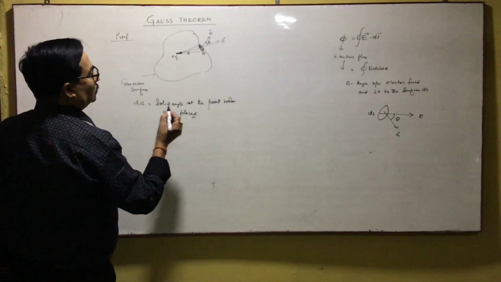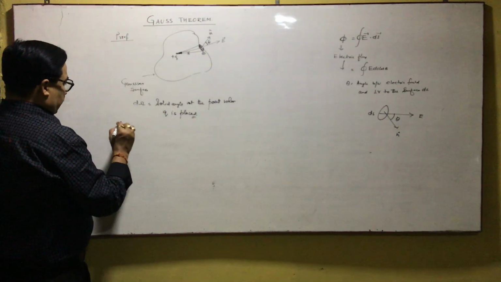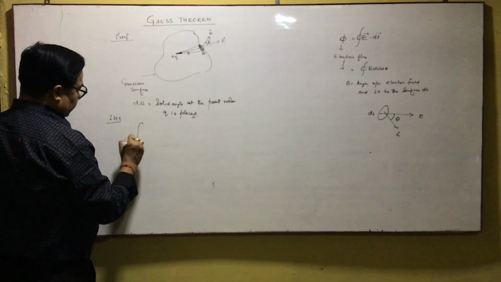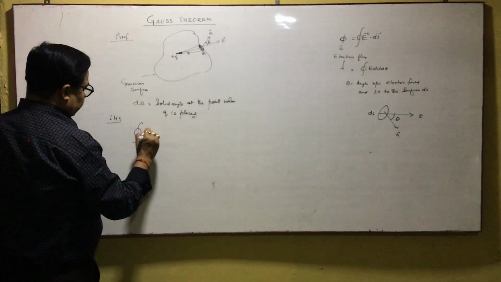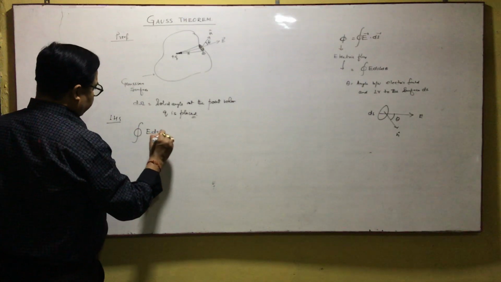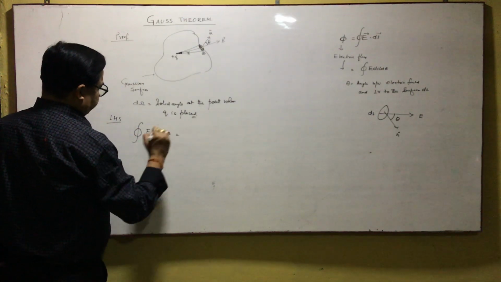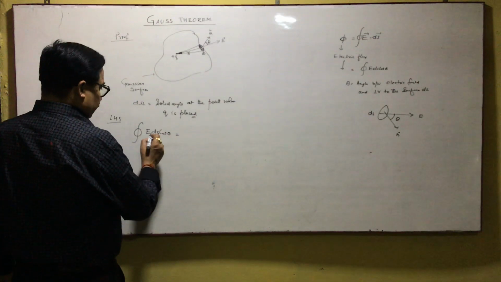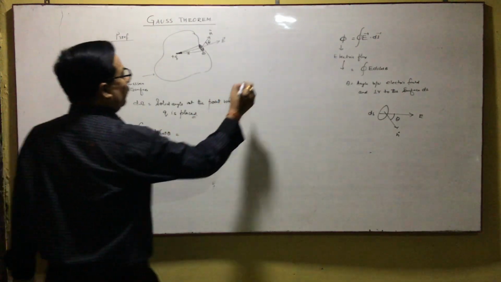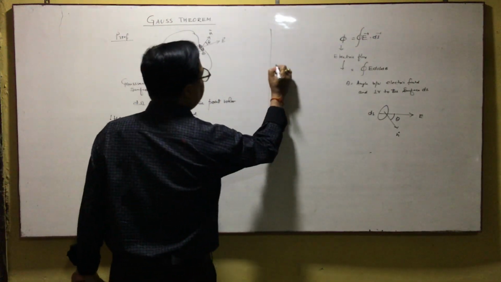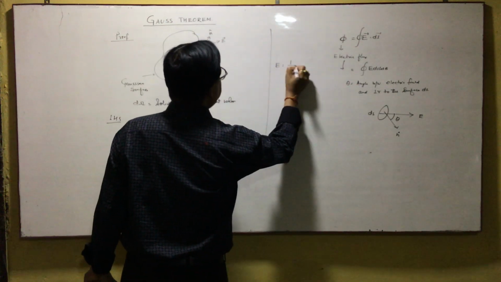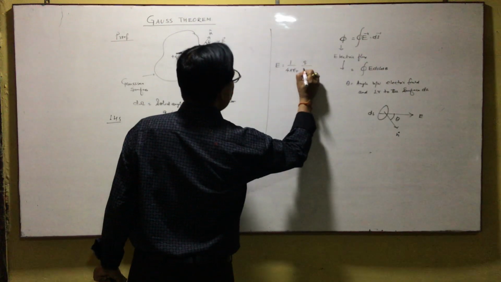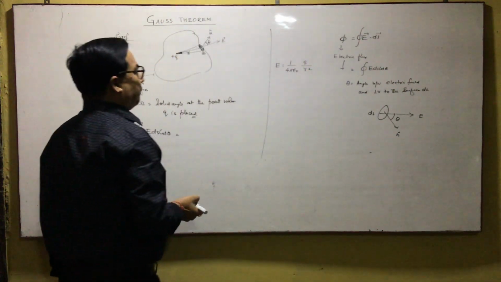So we have to take the left hand side of Gauss's theorem, that is electric flux is E ds cos theta. So we have to put the value of E. We know that electric field at a point is given by the formula 1 by 4 pi epsilon naught Q upon R square.